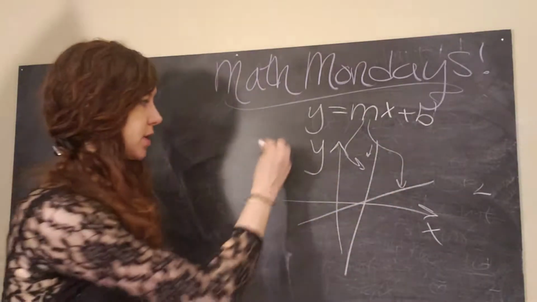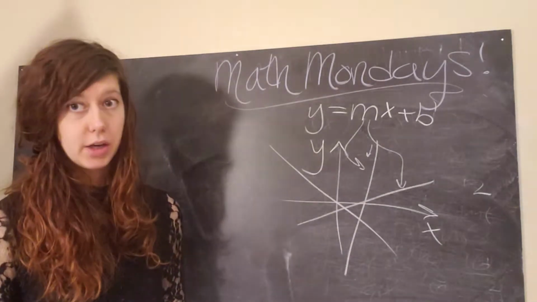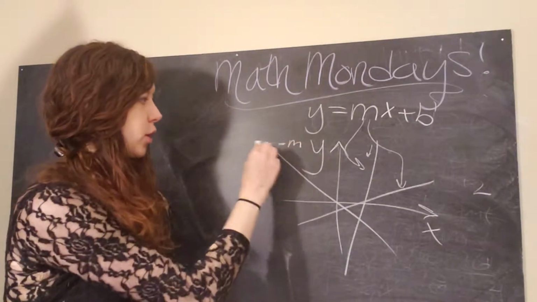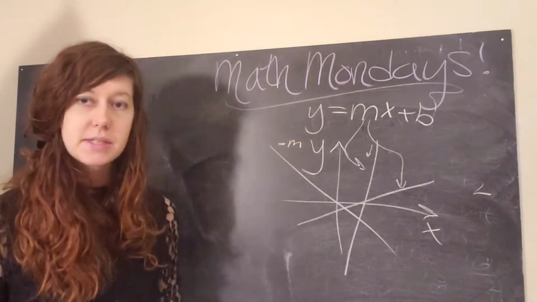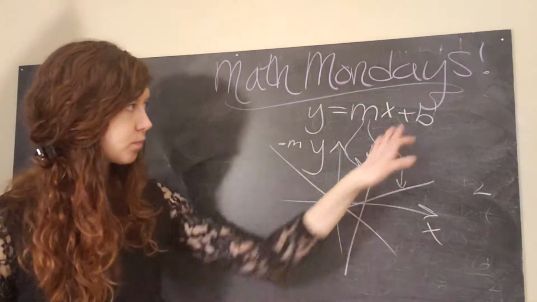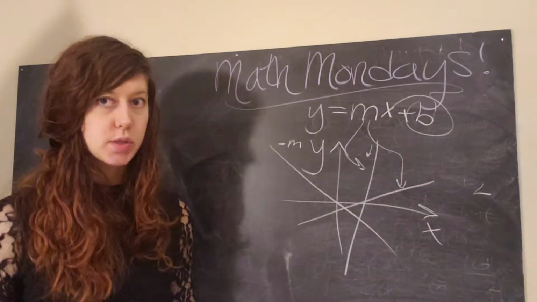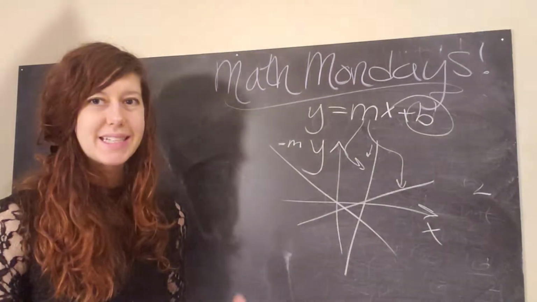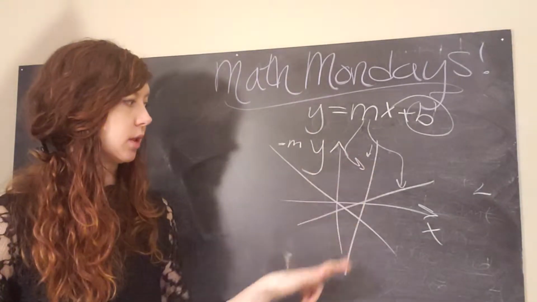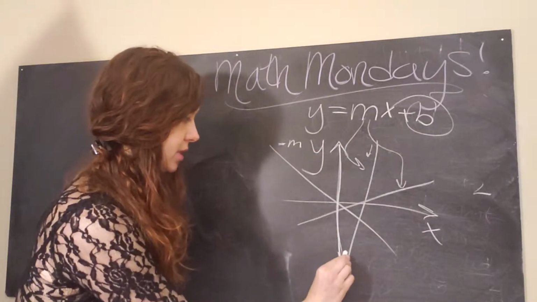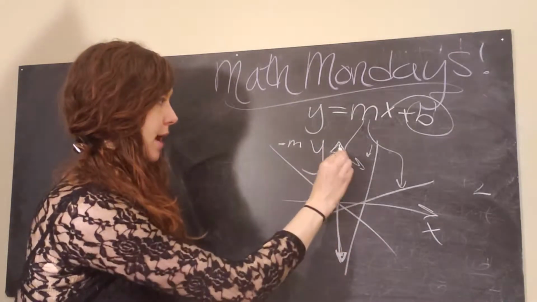It also tells us which direction our line goes. So if our slope is negative, we are going to have a line that flips its steepness the other direction. b is called the y-intercept, which basically just means it's the point at which our line crosses the y-axis, which is this vertical part of our axis.